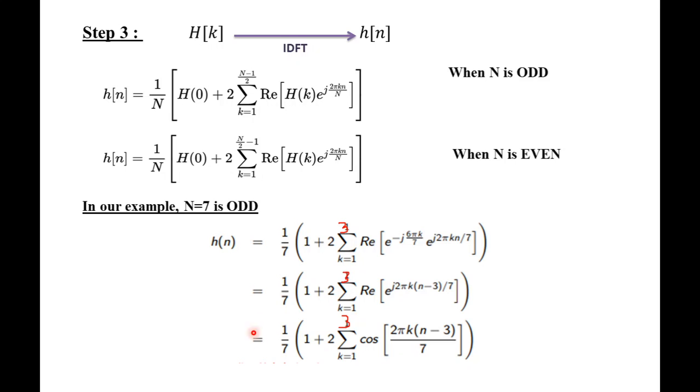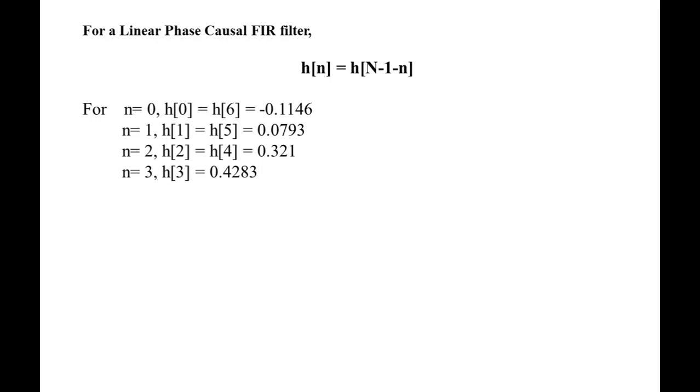Now we need to simplify this h of n for different values of k. So now we obtain, for a linear phase FIR filter, since it is symmetrical, h of n is equal to h of n minus 1 minus n. So for n equal to 0, we get h of 0, which is nothing but h of 6, 7 minus 1, 6 minus 0, h of 6.